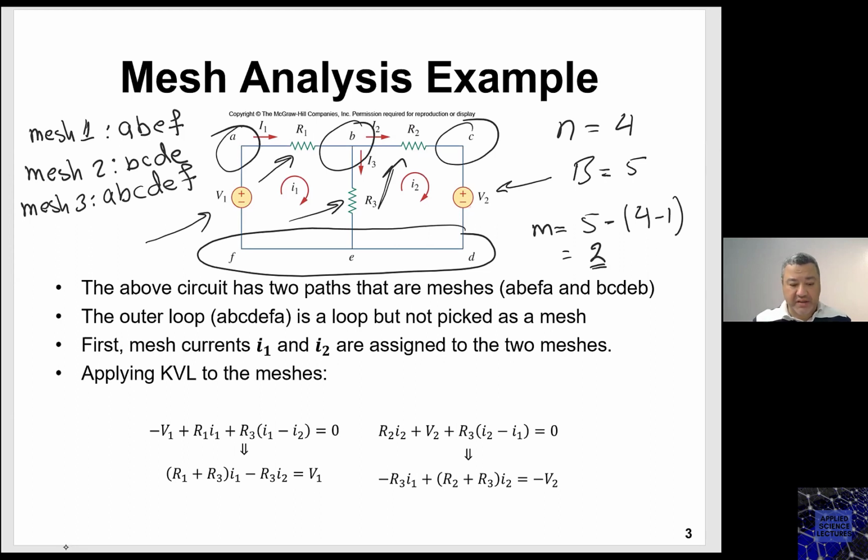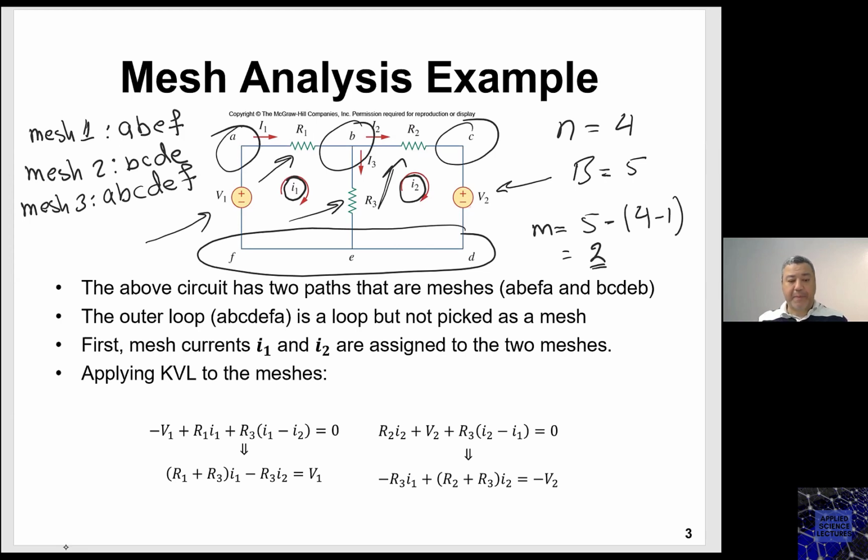Now, in this example, we have picked 2 meshes out of those 3. Mesh number 1 and mesh number 2 are the 2 meshes that I will be adopting in solving this problem. That's why I assigned this variable I1, a current, to this mesh, and this variable I2, also a current, to this mesh.